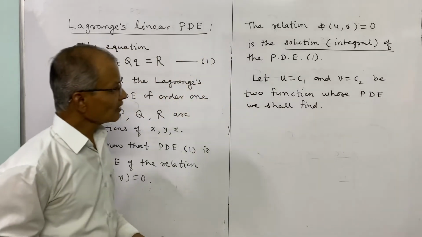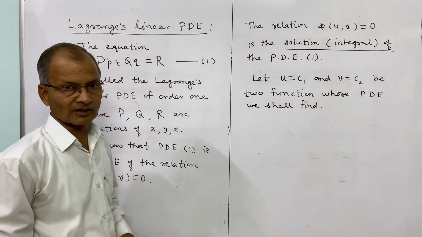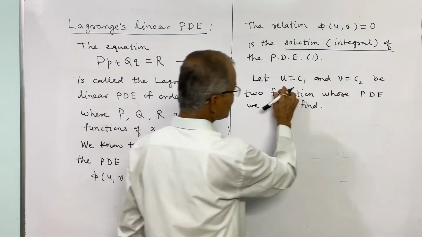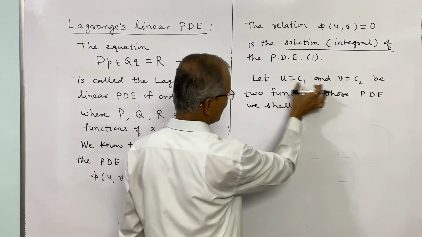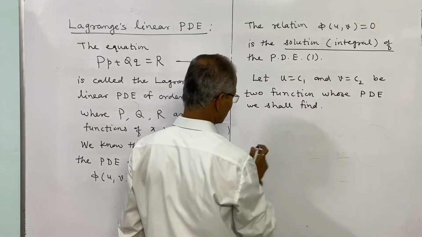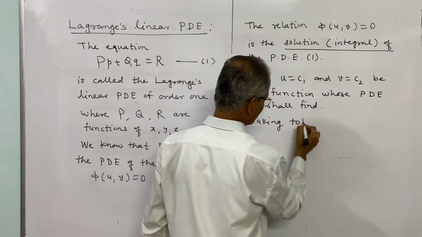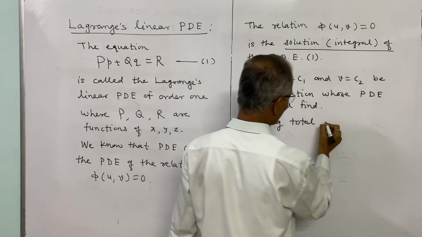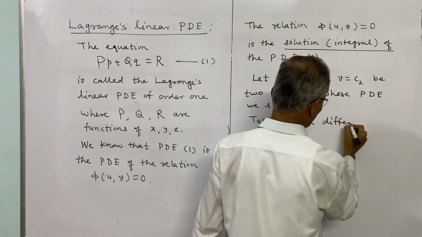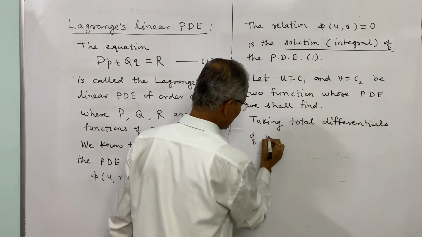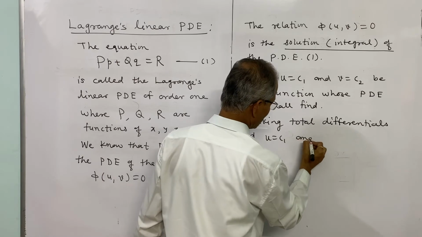Now because C1, C2 are constants, we differentiate these, taking the total differential of u is equal to C1 and v is equal to C2.